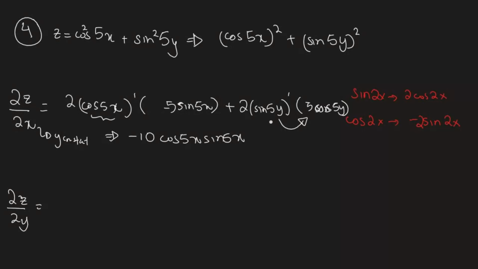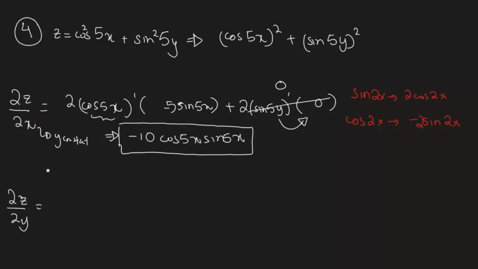No, this is wrong, because remember, we're treating y as a constant, so you cannot do that. So this whole thing becomes a constant. And what's the derivative of a constant? It's 0, right? So if this thing multiplies by 0, this whole thing goes to 0. So this is the answer for the derivative with respect to x.